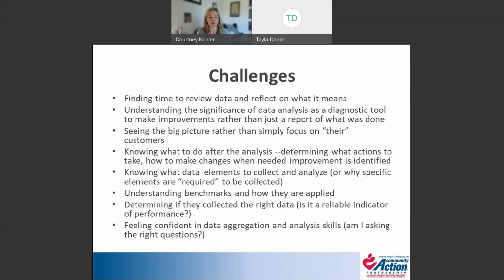So as a staff, these are some things that we've actually heard from staff in the network who have expressed what the challenges are around data collection, analysis, culture.